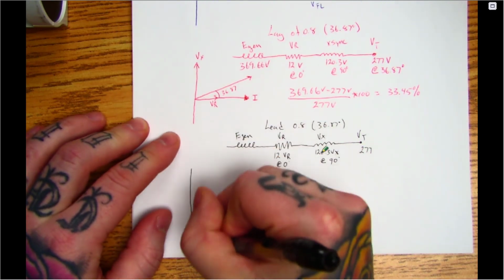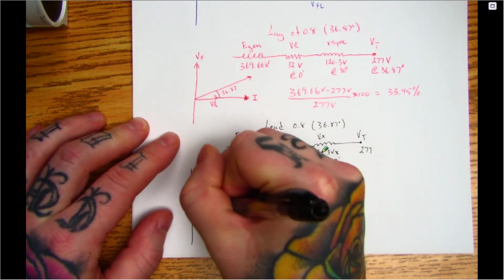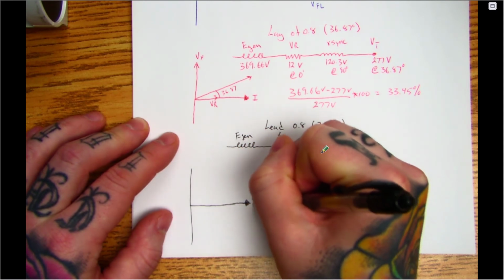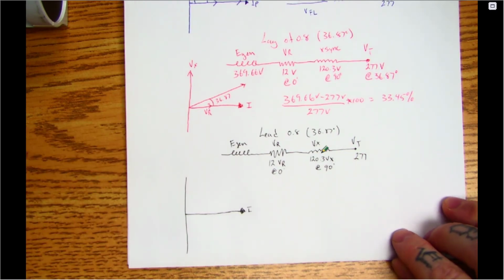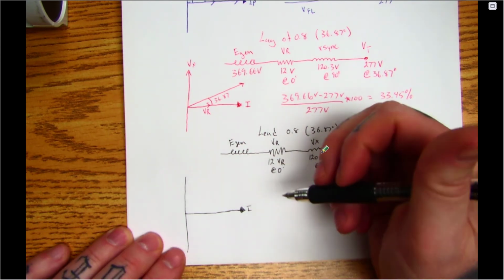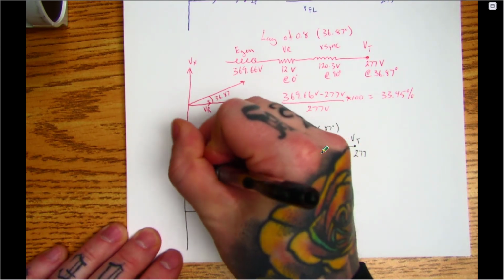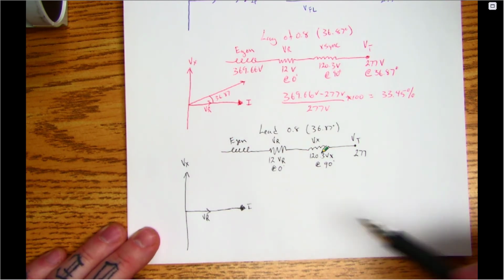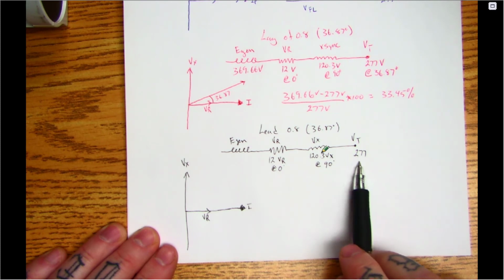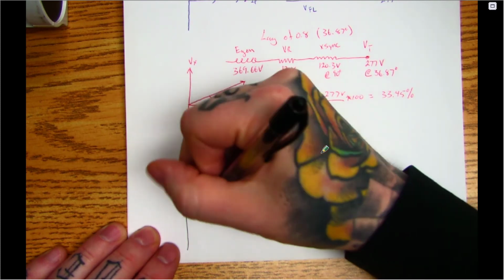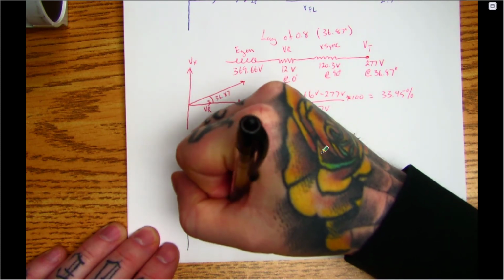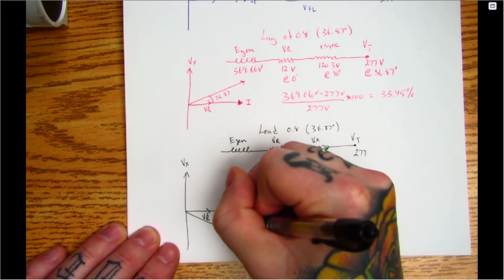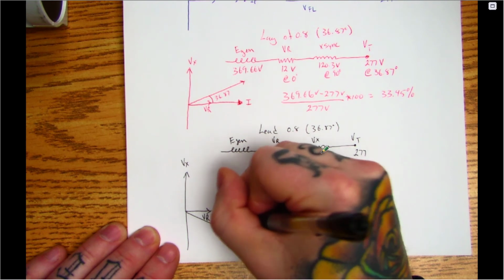Now this guy's different because we have a lead instead of a lag. If we go to our phasor diagram, current is our reference because it's a series circuit, one piece of wire. I'm going to have my Vx up here, and my VR in phase. Now I want to show current leading this phase voltage by 36.87, so I'm going to draw it down here this time, my V terminal, and show this right here is 36.87.